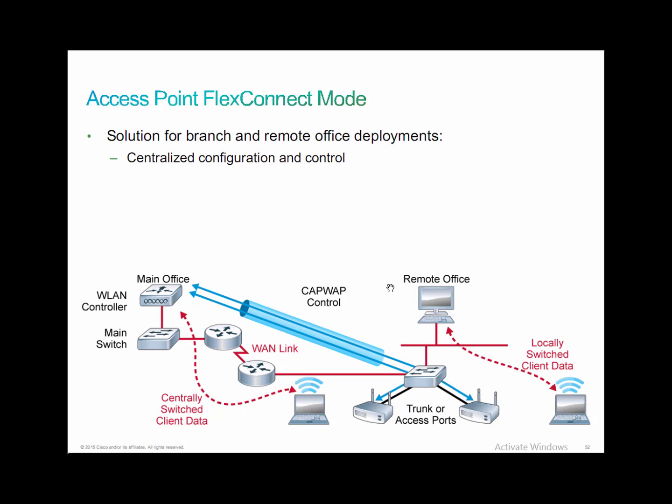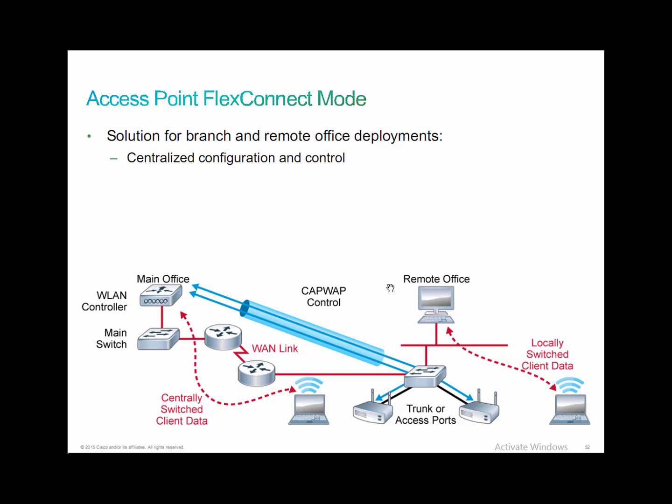That traffic could be tagged or it could be untagged, it doesn't really matter. But when a FlexConnect AP is connected to the controller, it acts just like any other lightweight AP. The only difference is, am I tunneling the traffic back to the controller, or am I switching the traffic locally? Okay?